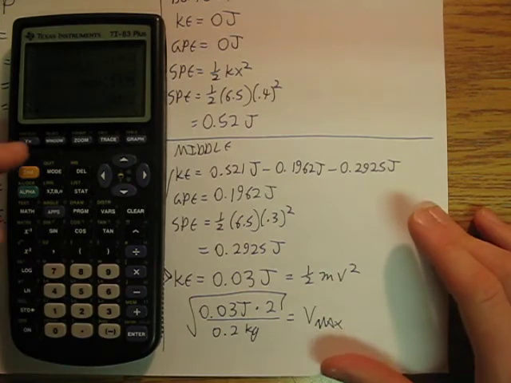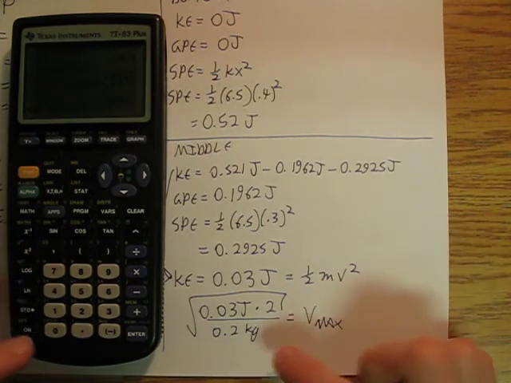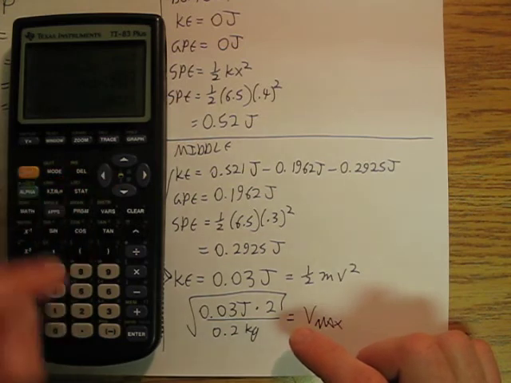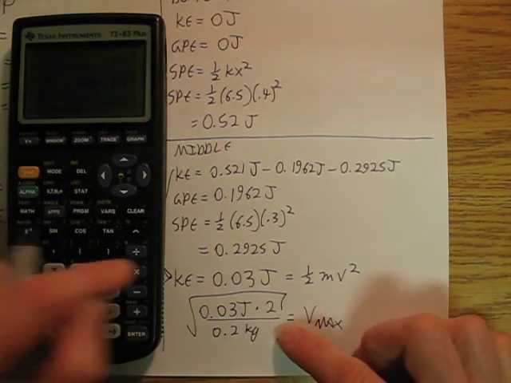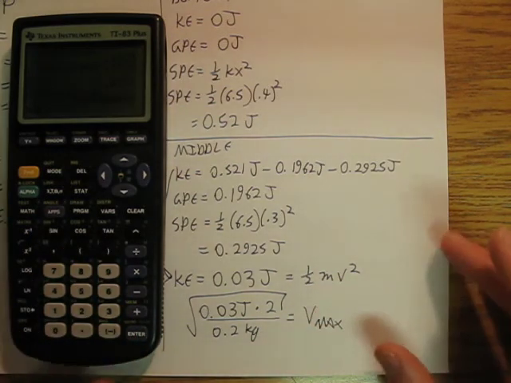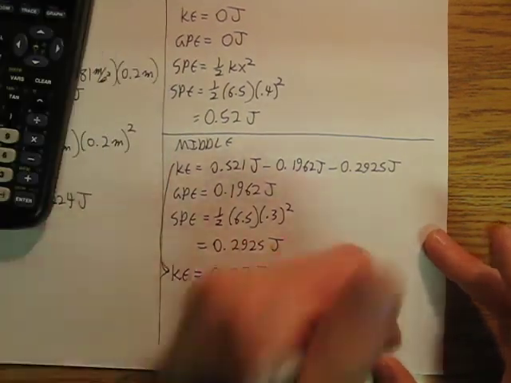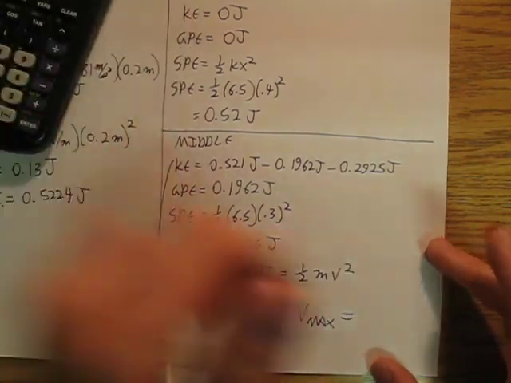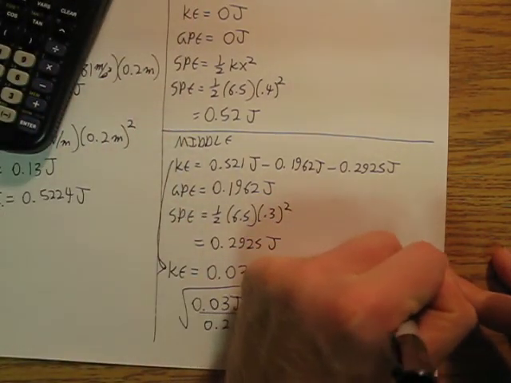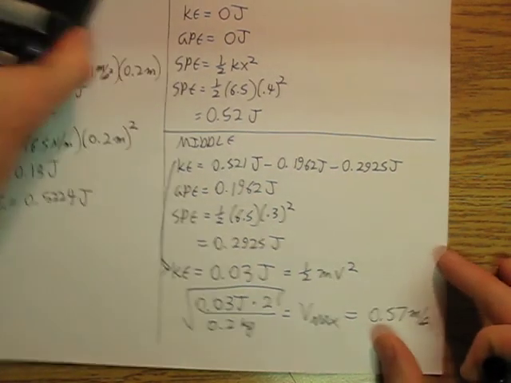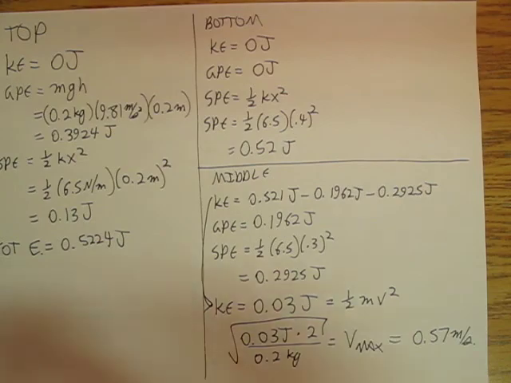It's going to be the square root of that answer times 2 divided by 0.2. Maximum velocity is going to be 0.57. Okay, so there's an analysis of energy in a spring.